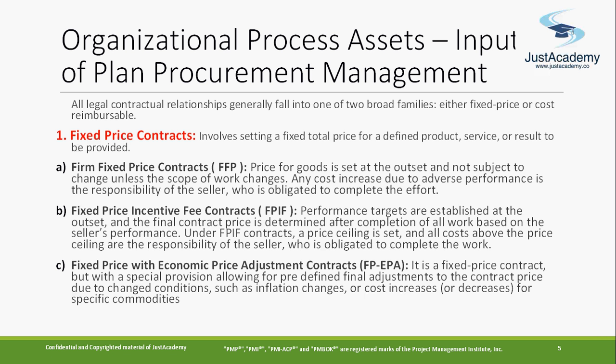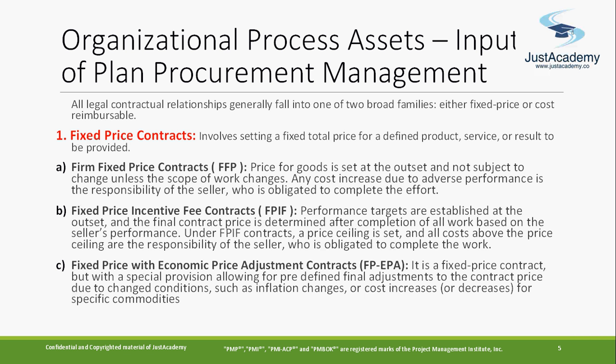This applies if the project is for 6 years or 10 years, where the material or equipment normally used keeps increasing in cost over a period of time. So here some provision is given. If any adjustments are needed, they will do the adjustment at a later point of time based on the market conditions.